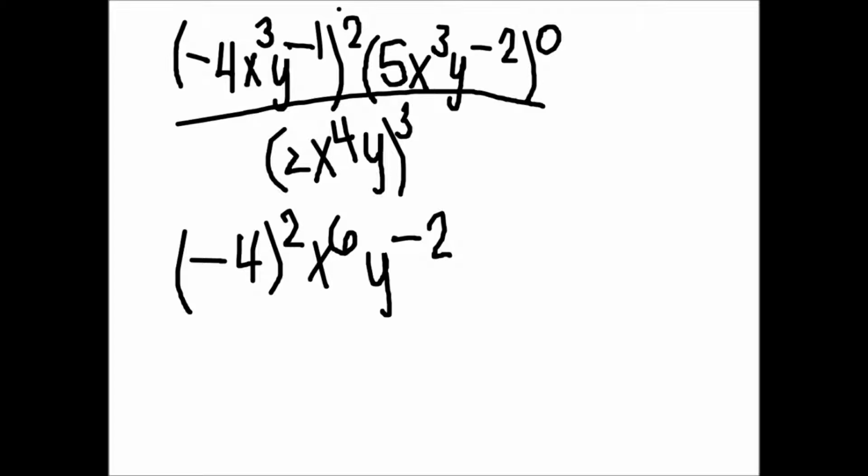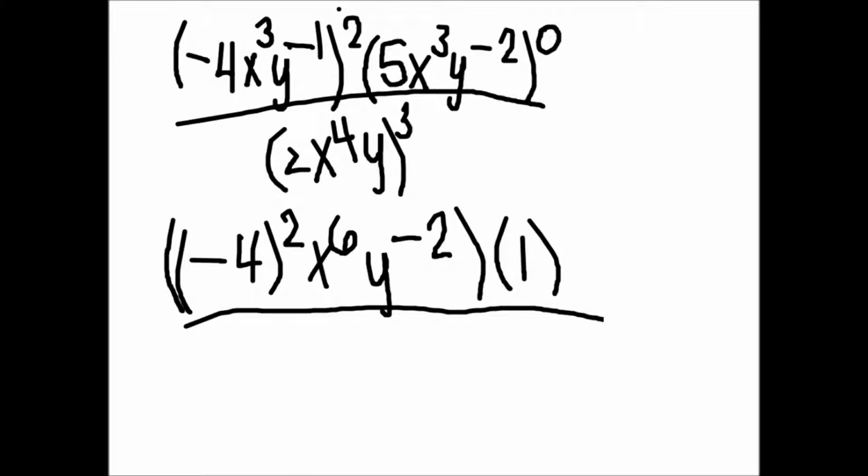Whenever you have 0 to any number or any term, it automatically becomes 1. So we can put this in parentheses and we say times 1. Okay, and then we divide it by, this was a 2. So 2 to the third is just 8. X to the 4th times 3 is x to the 12th. And we have y to the 3rd.